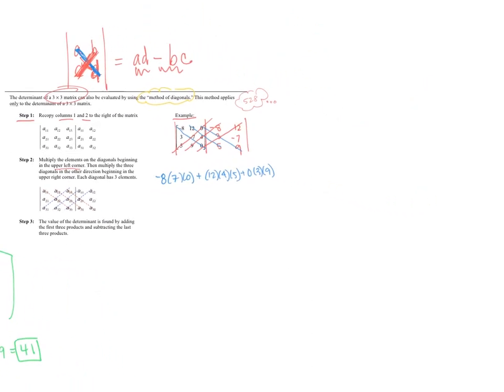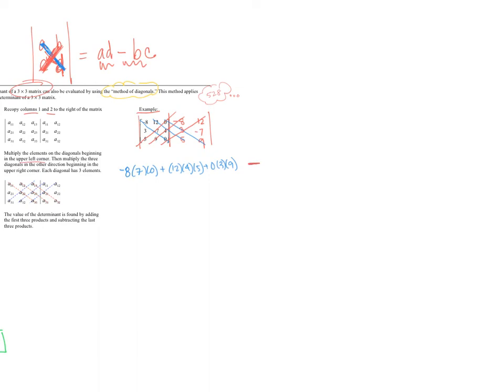Then we're going to have to subtract, and I'm going to write it as one big chunk because we're subtracting that whole thing. We have the first diagonal here, 12 times 3 times 0 plus negative 8 times 4 times 9 plus 0 times negative 7 times 5. So let's see what this looks like.